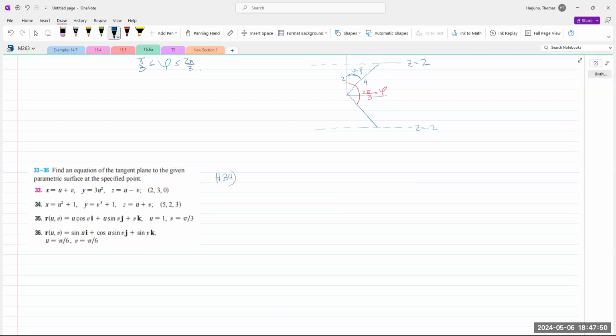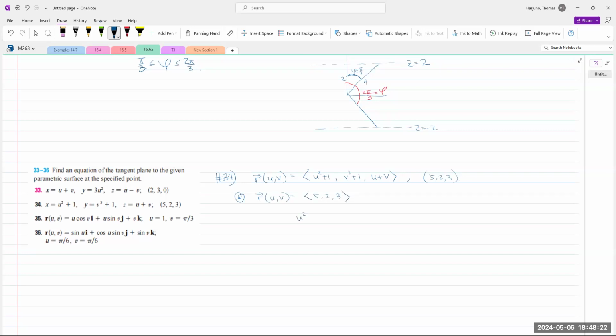Number 34, we have r of u, phi equals u squared plus 1, phi cubed plus 1, u plus phi, and we need it at the point (5, 2, 3). Okay, so let's find the u and phi first. r of u, phi equals (5, 2, 3).